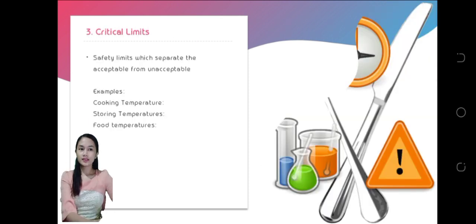Next is critical limits. Safety limits which separate the acceptable from unacceptable. Examples are cooking temperature, storing temperature, and food temperatures. The importance of it is that we can control food safety by setting critical limits, which also guarantees that the food you sell or serve to customers is safe.